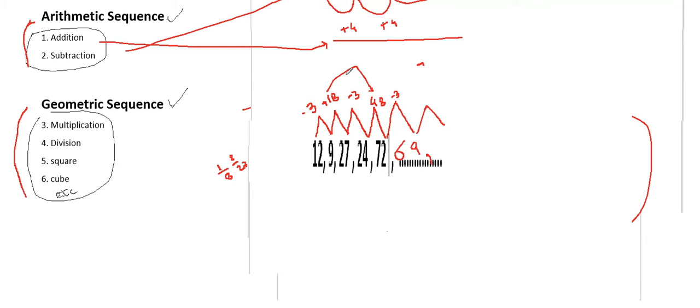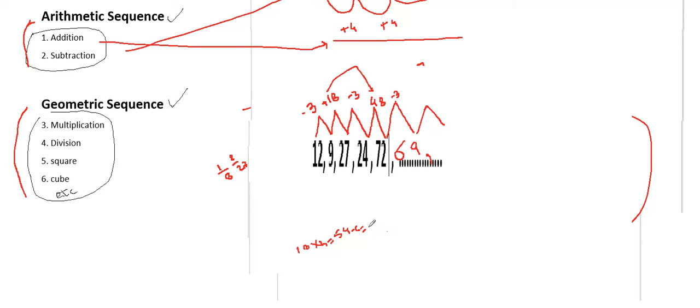Is there any connection? 18 into 3 is 54, and minus 6 is 48. Yes. So we see there is a pattern.